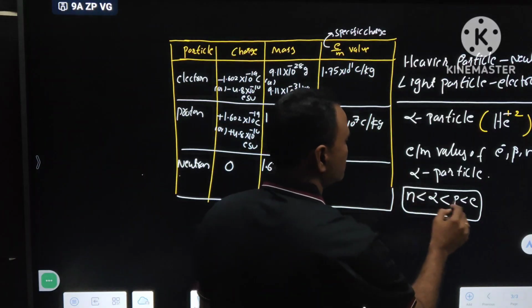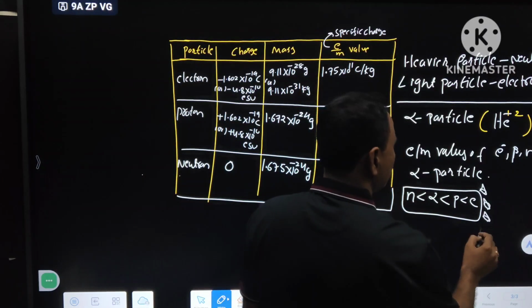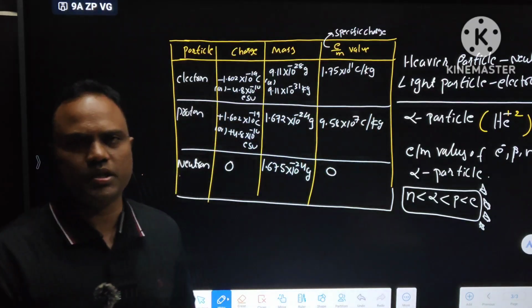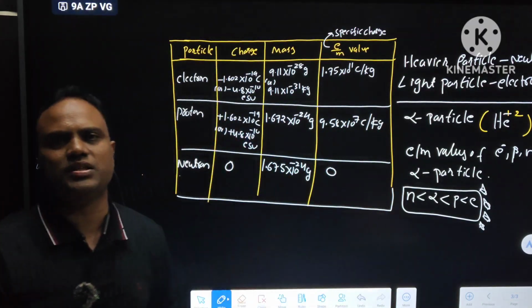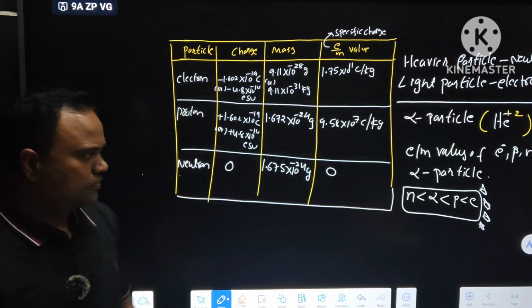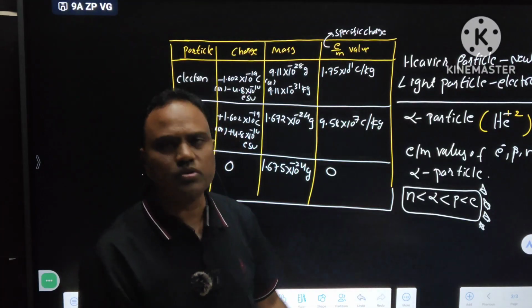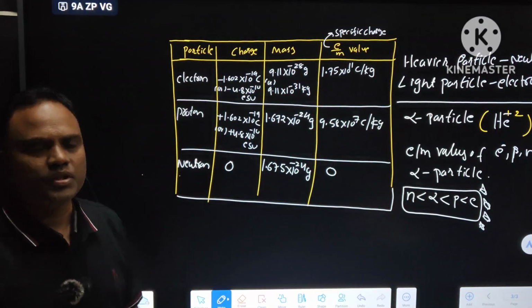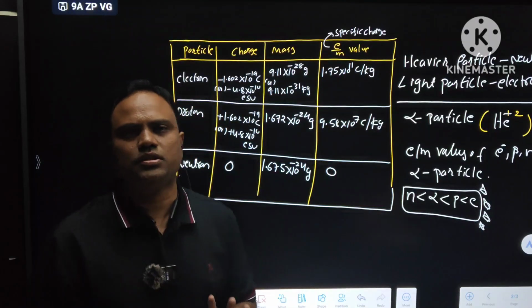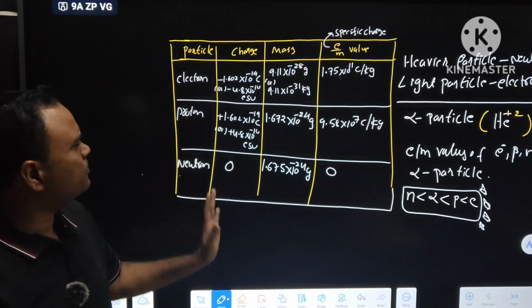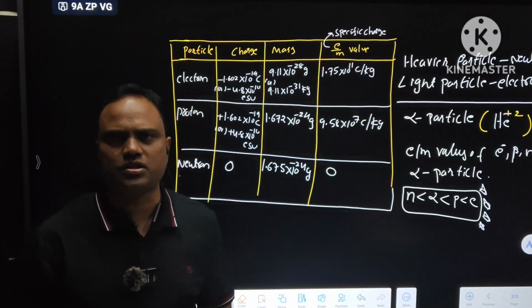You should learn this by heart. We can get it by calculation also, but it takes time, so it is better to remember the e by m order. The question is: which of the following is the correct e by m order of alpha particle, neutron, proton, electron? Clear? We did the discovery of electron, proton and neutron, which is not that important, just leave it.